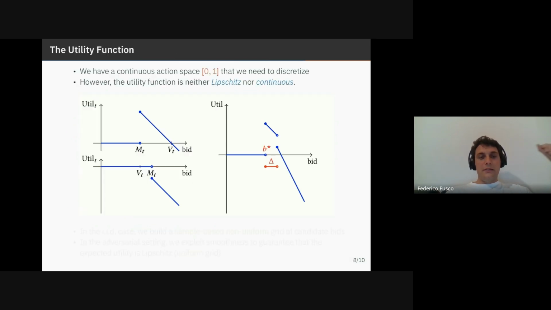Okay. Now, this figure gives an intuition of the difficulties in trying to discretize our action space. On the left, we see two different profiles of the utility function. In the top plot, if Vt is larger than Mt, then we have this discontinuous behavior, and the jump is from a lower value to a higher value.